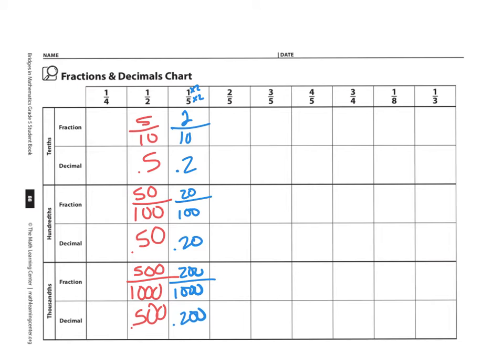All right. So, interesting. I need a new color here. If I know 1/5 is 2 tenths, I know that 2/5 is 4/10, right? It also works because I can show that if I multiply the top and the bottom by 2, 2 times 2 is 4, 5 times 2 is 10, 4/10 is 4/10.